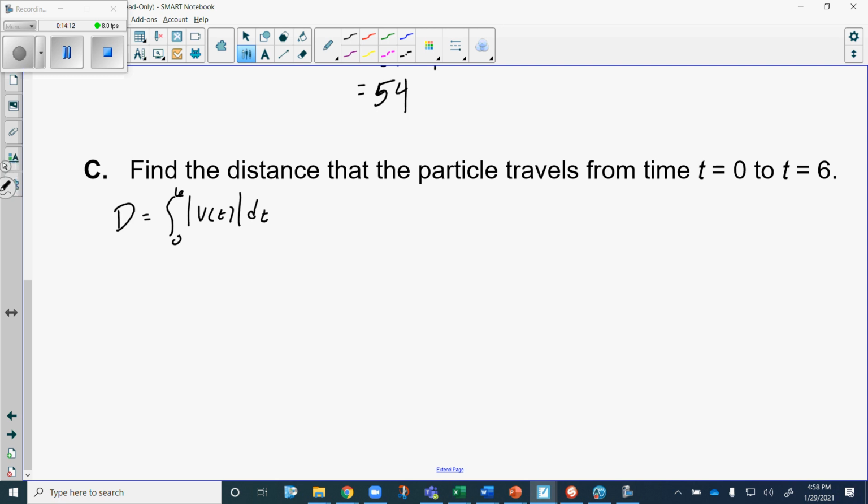So I'm going to take the velocity function that they gave me, 3t squared minus 10t plus 3.